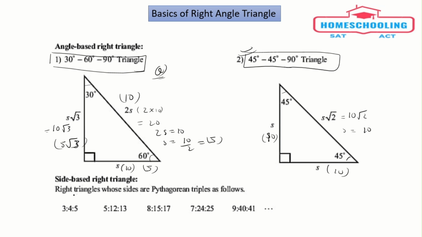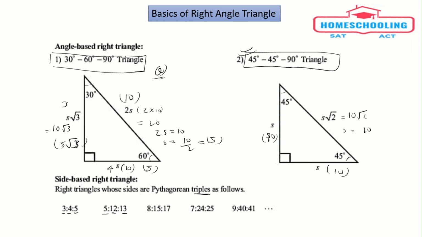There are a few ratios, or we can call them triplets. If 3 and 4 are the two sides, then if you use Pythagoras theorem, the third side would be 5. If this is 3, this is 4, then your hypotenuse would be 5. Similarly, if two sides are 5 and 12, then the hypotenuse would be 13.